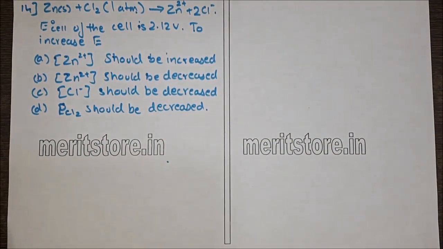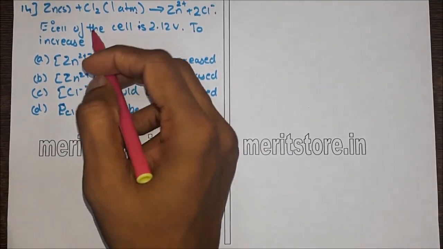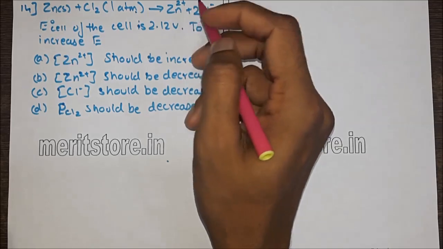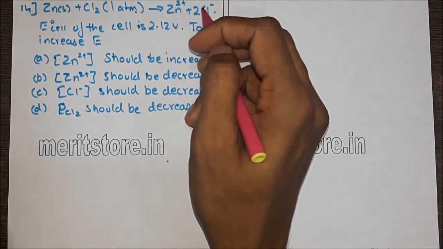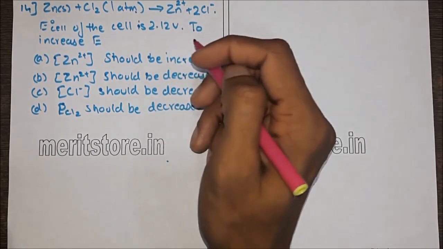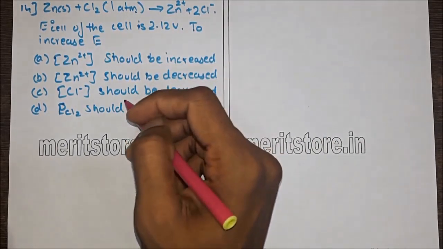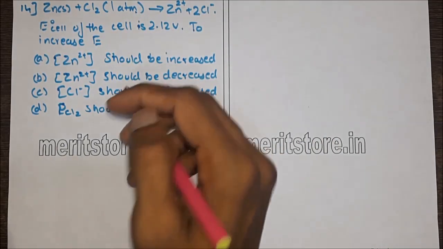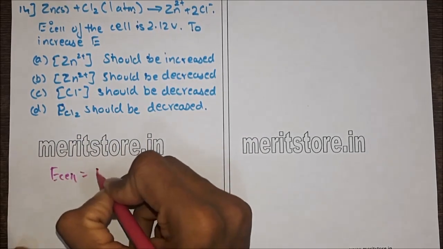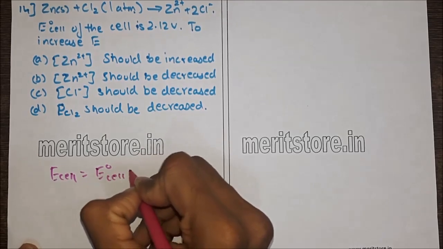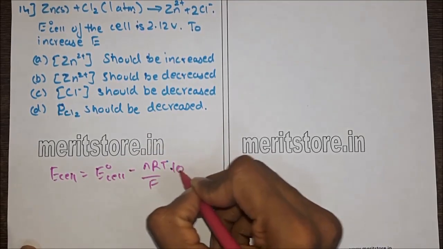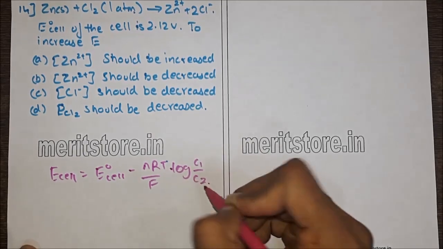Question 14. Zinc solid plus Cl2 at 1 atmosphere gives us Zn2+ plus 2Cl minus. E cell of the cell is 2.12 volt. To increase E, we are given 4 options. According to the Nernst equation, we have E cell equal to E0 cell minus nRT upon F log of C1 upon C2.